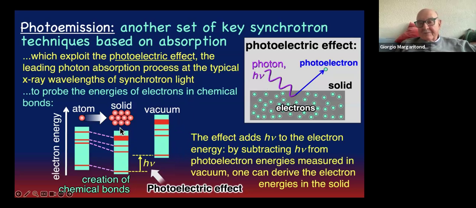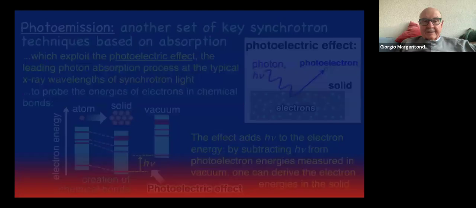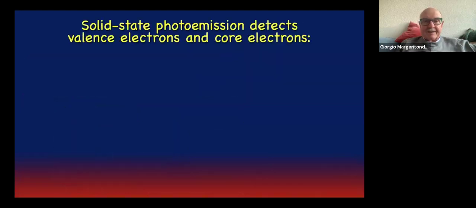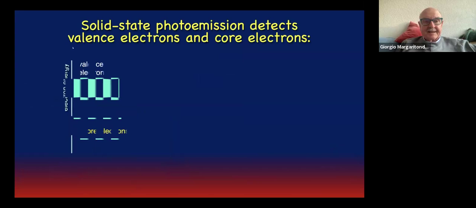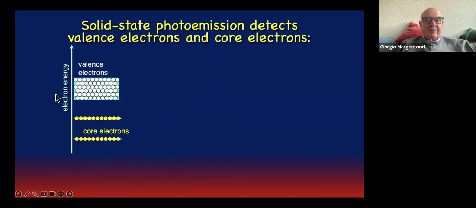Can this be used? Of course. In fact, for many years, it was the main technique for synchrotron radiation experiments. And just to give you one example, this is, once again, the spectrum of energies for electrons in a solid. We find core electrons and valence electrons, and then the conduction band and so on.